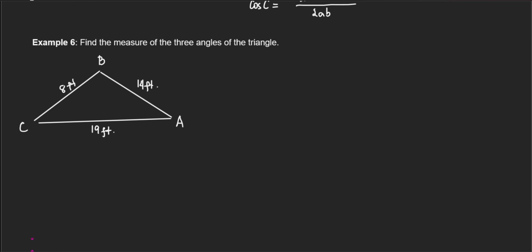So in this part, we can use the formula, which is cosine B is equal to a squared plus c squared minus b squared over 2ac, since yun yung hinahanap po natin.